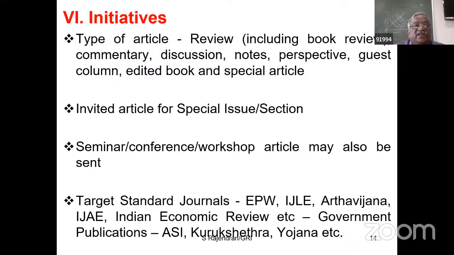For example, hijab is a major issue in Karnataka now, because there has been agitation, and today one section of the community asked for a state-level bandh. So you take up such issues and discuss, and also you can have notes, perspectives, the guest column, edited book, and also special articles.